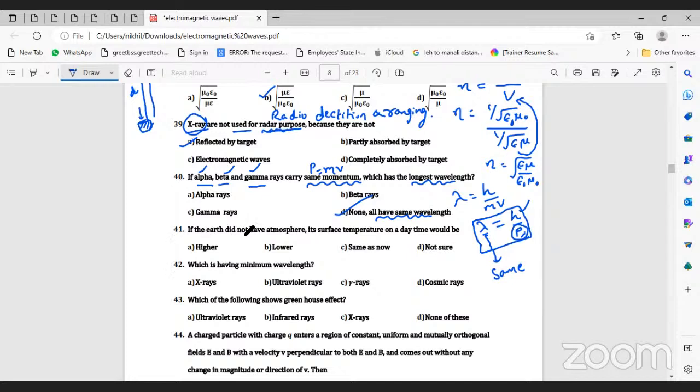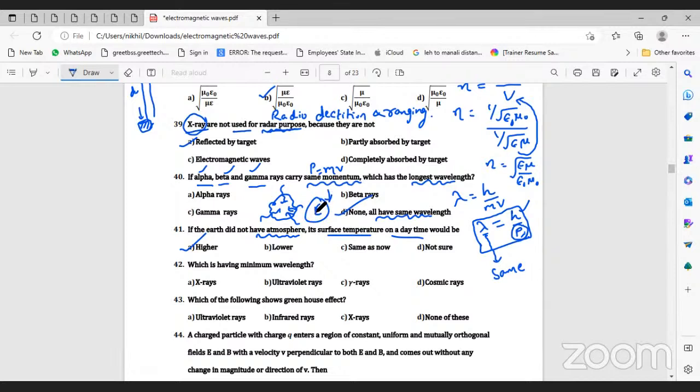If the earth did not have an atmosphere, what would be the surface temperature in the daytime? Definitely it should be higher, no? Why? If the atmosphere is there, it absorbs the radiation, so partially the radiation the earth receives will be less.